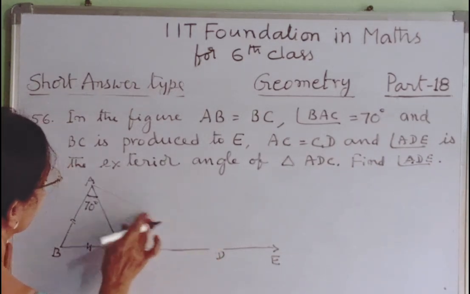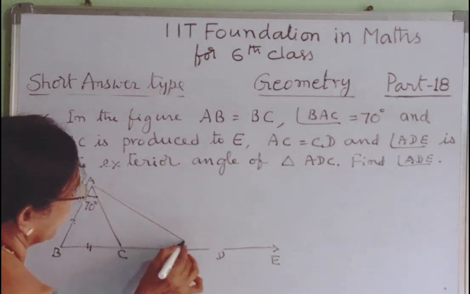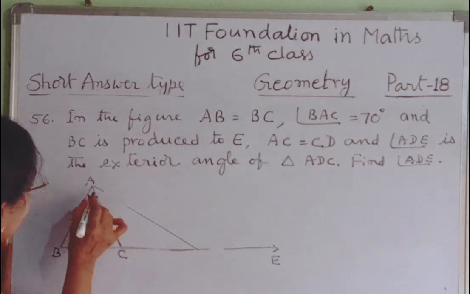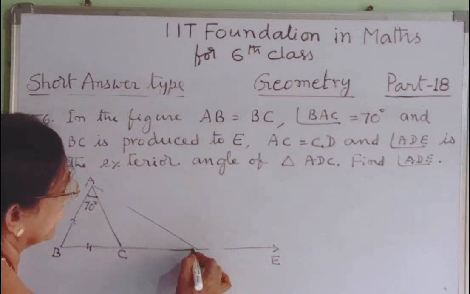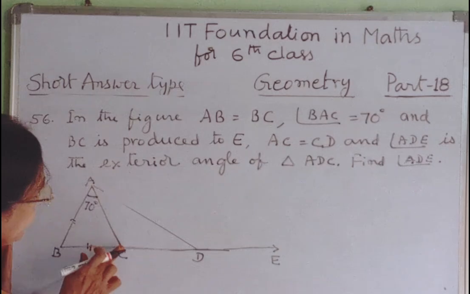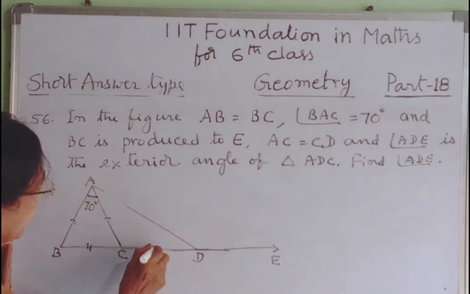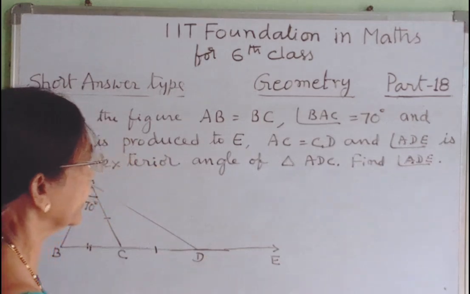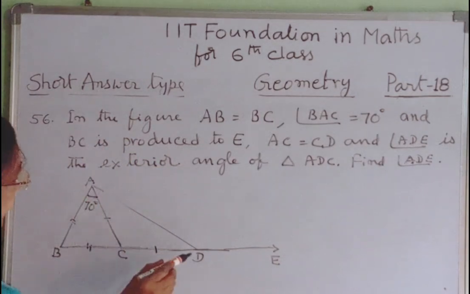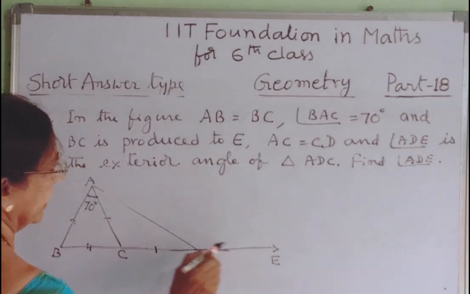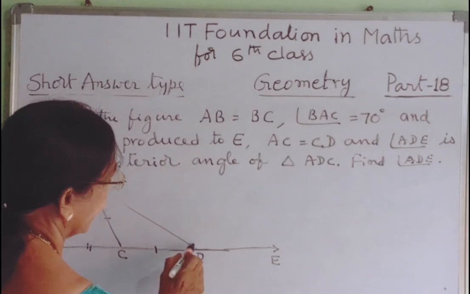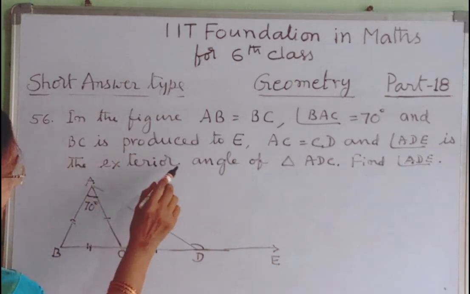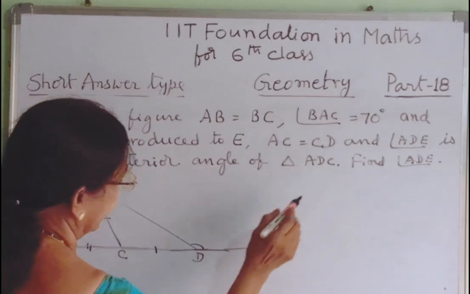So let us draw this like this. AC is equal to CD. These two are equal. And angle ADE, this angle ADE is the exterior angle of triangle ADC.